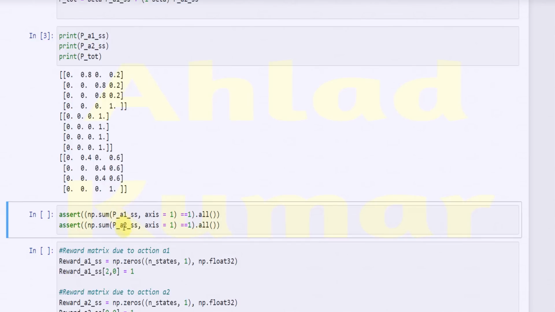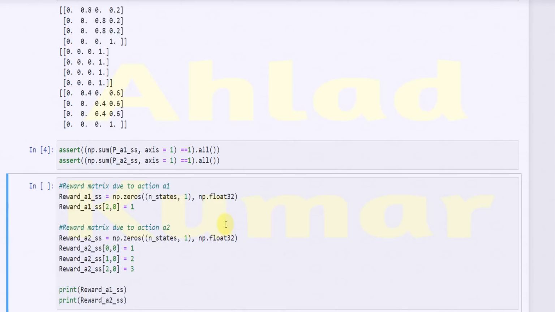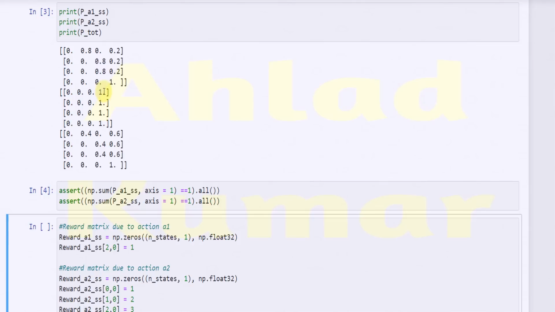If it is true, it will not do anything. So it's just an error checking piece of code. Right now it has not thrown anything, which means our action-based state transitions conform to this logic. That is, the columns of the state transition sum up to 1 for a particular row.